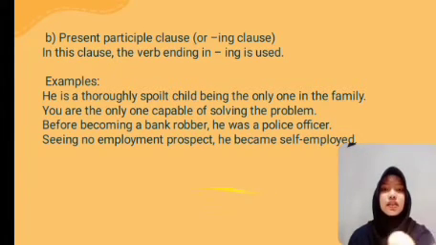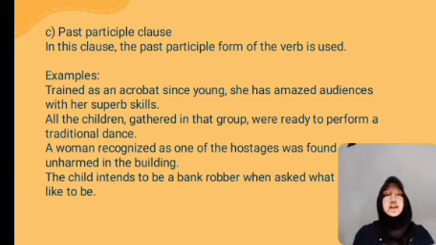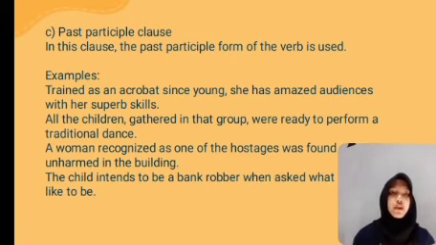Okay, next is point C, past participle clause. In this clause, the past participle form of the verb is used. So for example: trained as an acrobat since young, she has amazed audiences with her super skill.